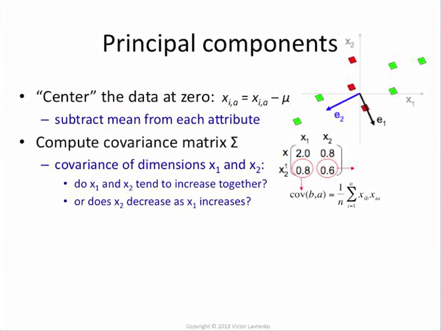So for all of those points, as x1 moves, x2 moves in the same direction. The red points contribute negatively, but overall the covariance is positive. So that's the covariance between the two. And then you also have two variances: 2.0 and 0.6 are just the variances along the x1 dimension and x2 dimension in the data. And that defines the covariance matrix.